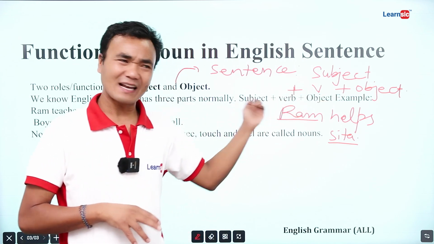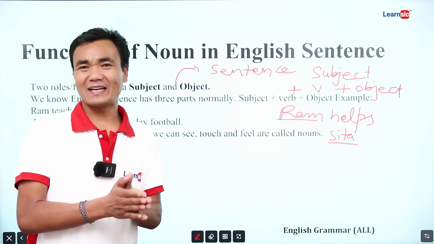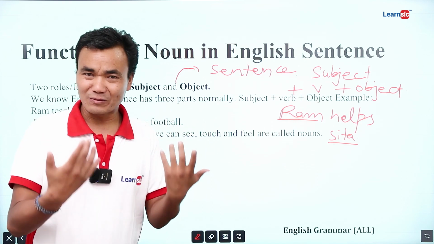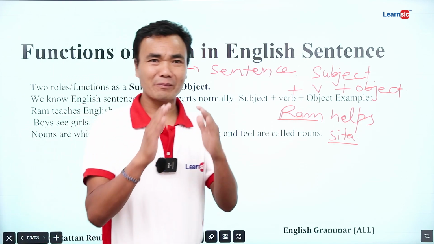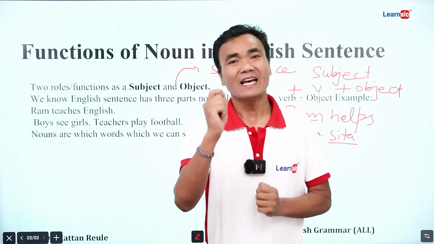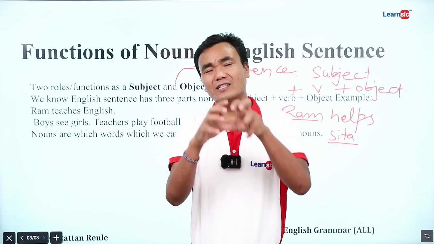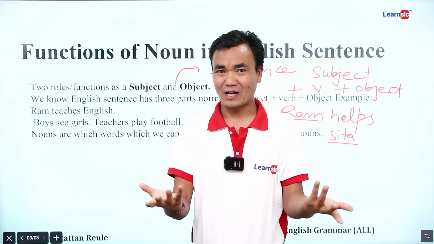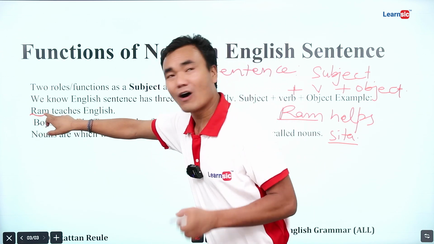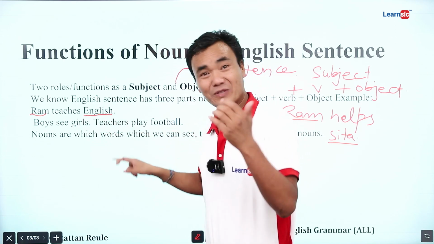I have given you a very live example, Ram helps Sita. I'm sure, my dear English learners, that now you have come to know that the major function and great role of noun in a sentence is that it works as a subject and as an object. And now we can say Ram is an example of a singular noun and English is the name of a subject.